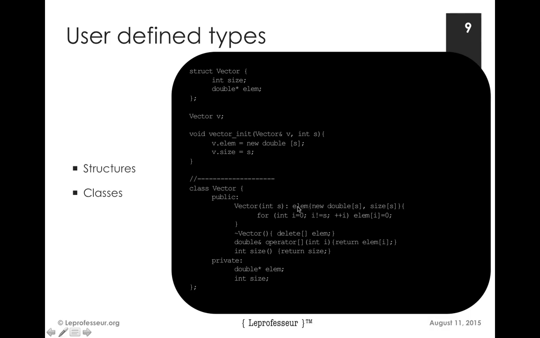How it is going to construct is written in the constructor function. Elem is a pointer, new is a keyword, it allocates the memory. How much memory is it going to allocate, and what kind of memory? Double precision type. And how much space? That is defined in the variable s, so this function takes the size.